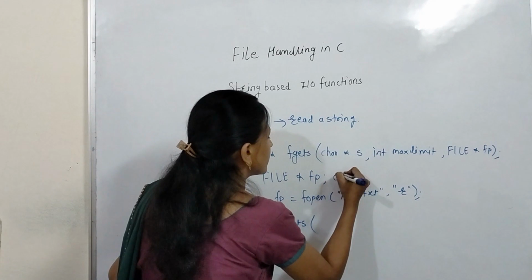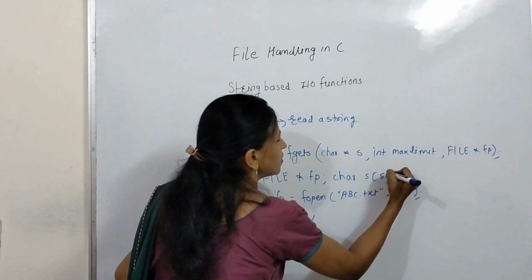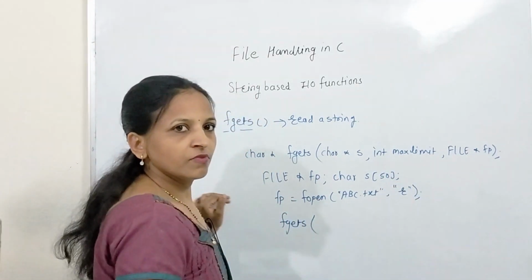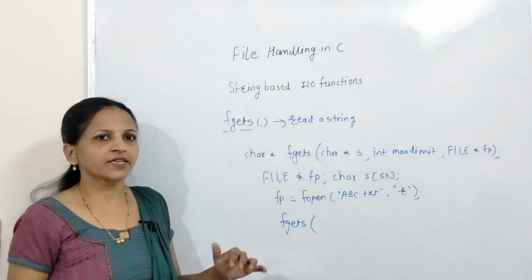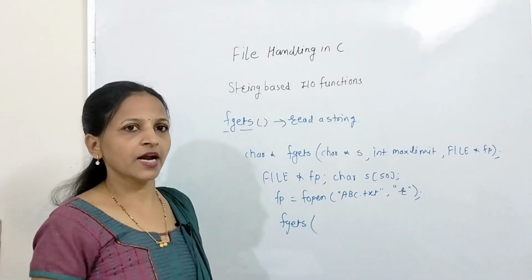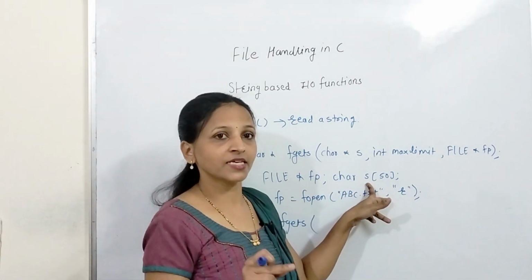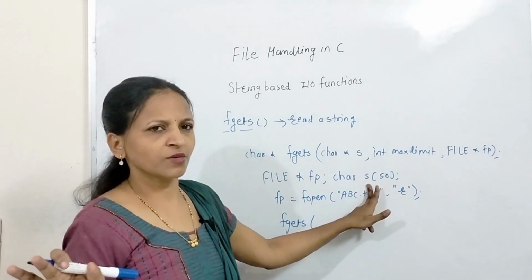Here we will declare one character array, char s of 50. I am considering that a single line from that file may contain at most 49 characters, because there should be space in s for the slash zero character. That is the maximum limit.